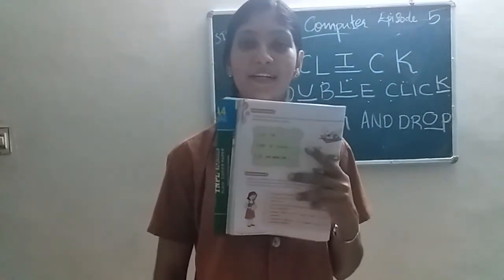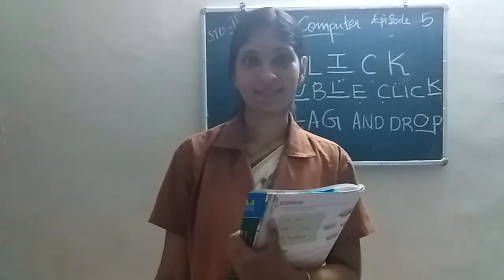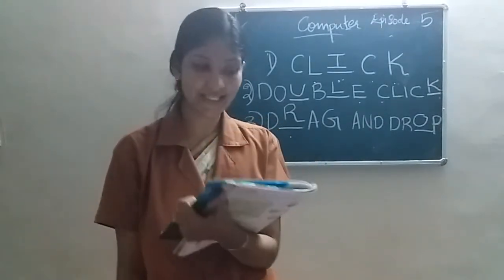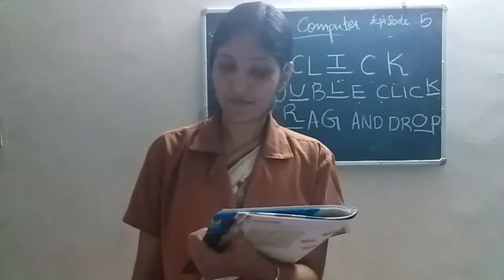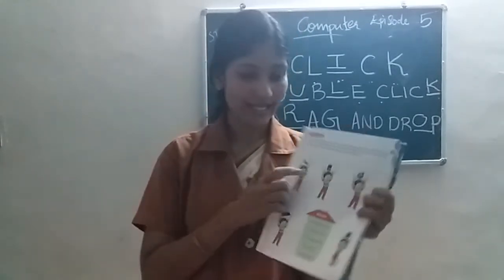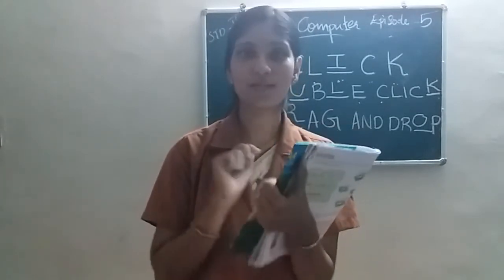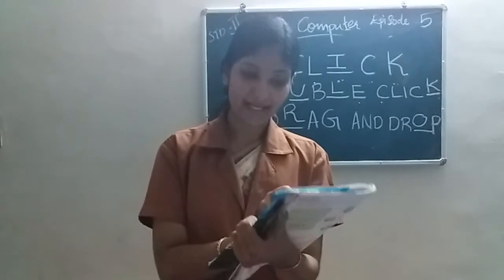Then worksheet number 5. Next we are going to worksheet number 5. So the question is, Rajan is showing pictures of various parts of a computer. Rajan is a boy here. He shows some pictures of parts of a computer. So write the name of the parts on the blank line.